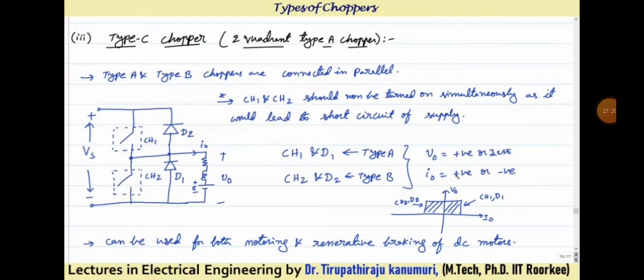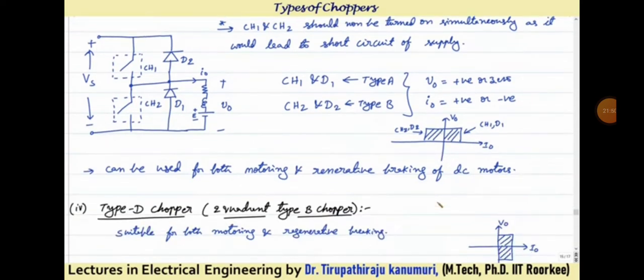So the combination of these two, what is happening? The average output voltage V0 can be either positive or 0, whereas the current can be positive or negative. It can be this side or this side. That's why it is occupying both the first quadrant as well as the second quadrant. In the first quadrant power is positive, in the second quadrant power is negative.